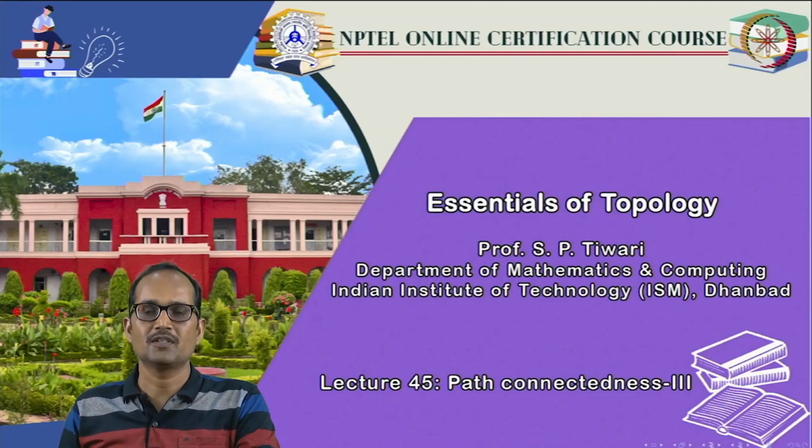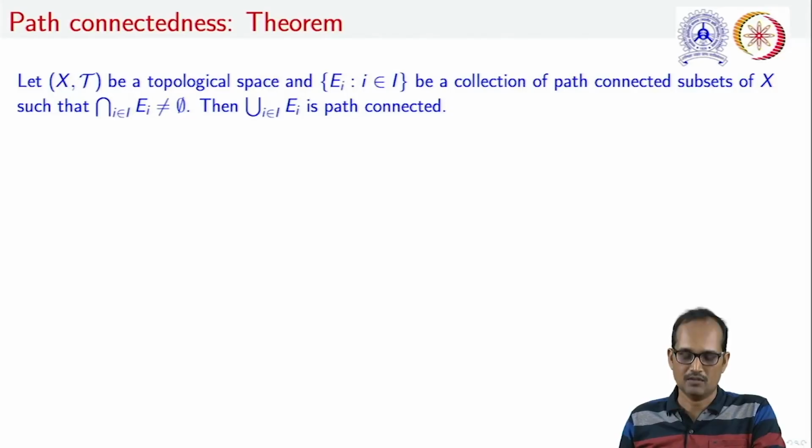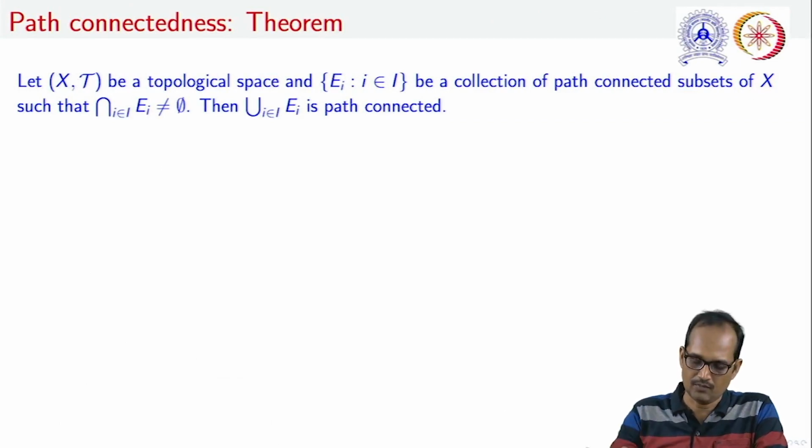We will study some of the results related to path connectedness of a topological space which are similar to the same in case of connected topological spaces. Begin with the first one. We have already studied such a theorem in the case of connected topological spaces.